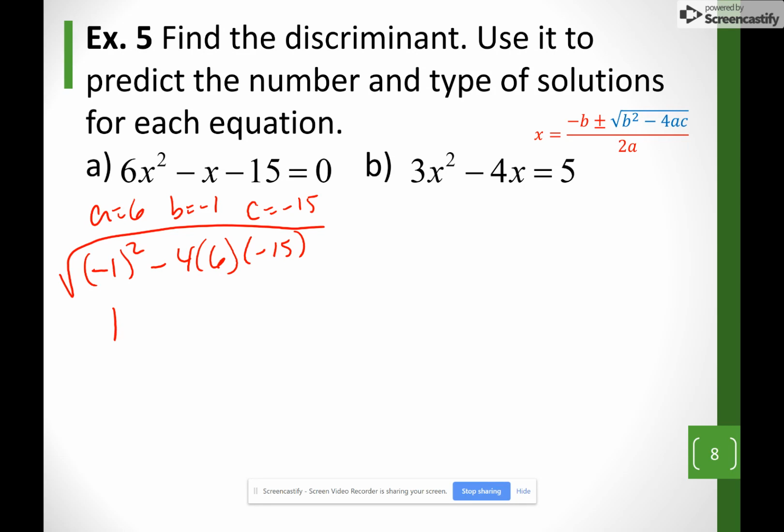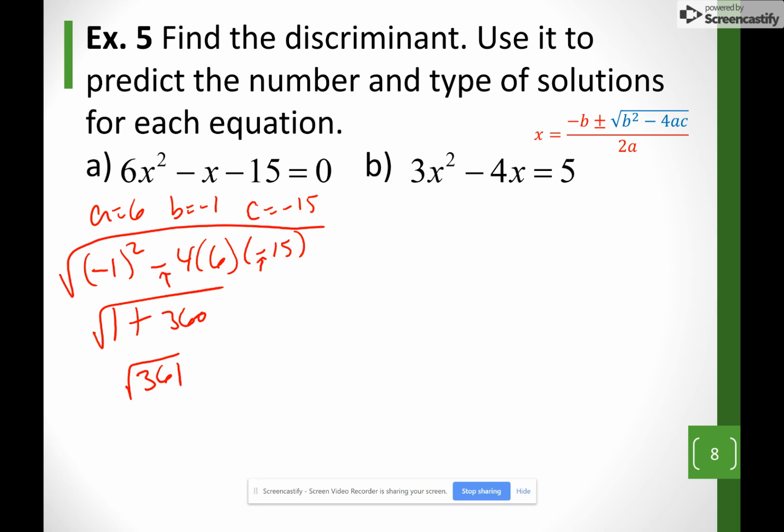So I have 1 plus, because negative times a negative will make it positive, 4 times 6 times 15, that gives me 360. All this inside the square root, and I get, obviously, 361. Then I ask, is 361 a perfect square?